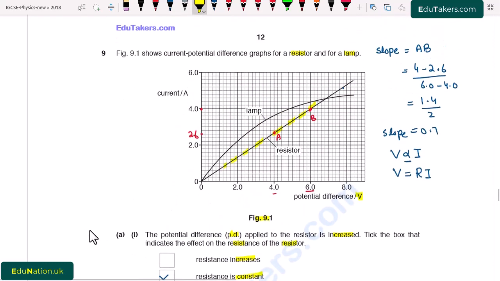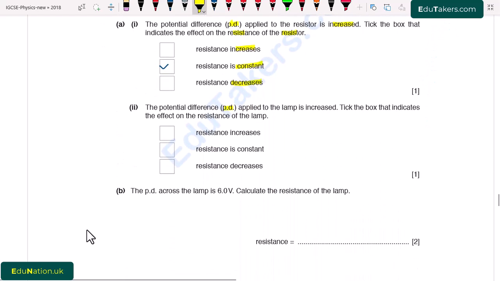So going back to the graph, we can see that the second curve is actually for the lamp, and we can see that this is a gradually decreasing curve. So it means that the resistance of lamp increases. So I write here the resistance of lamp increases.